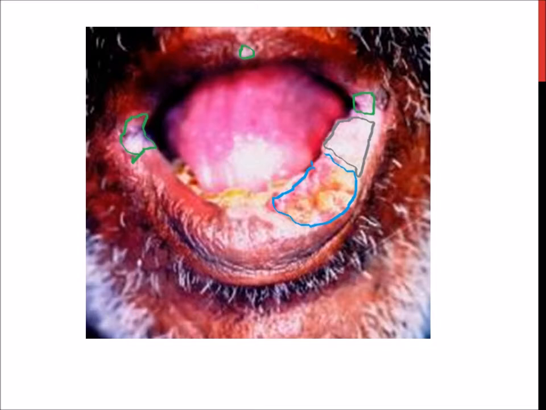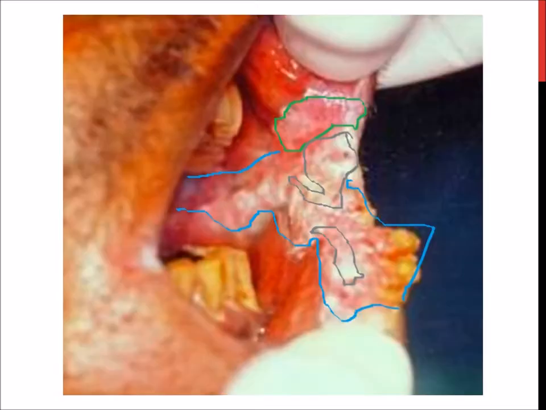Then the green patch on the left is also submucous fibrosis. The gray patch on the left is your leukoplakia, and the blue one is the ulcer which has raised up with irregular margins, rolled out edges with some yellowish necrotic material and slough. You can see the margin is irregular and it is coming up over the lower lip.